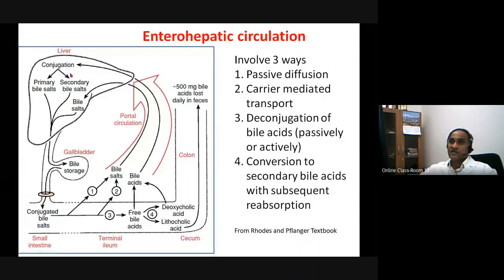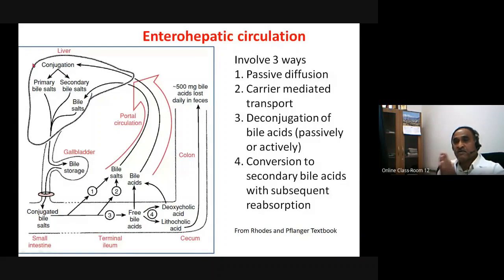They all come to the liver. That is the enterohepatic circulation of the bile salts. It comes here, stimulates the bile acid dependent secretion from the liver, is released again, and it goes on.